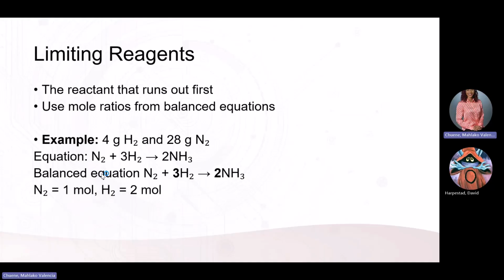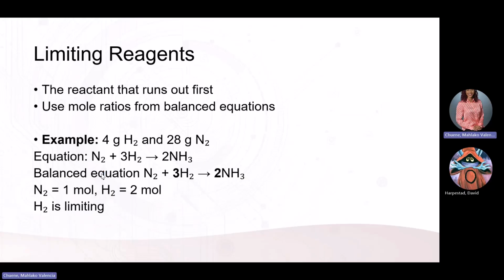Now from there, we have determined that our hydrogen gas is the limiting reagent.